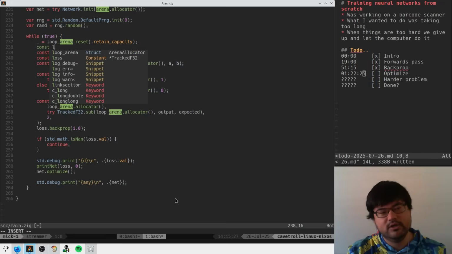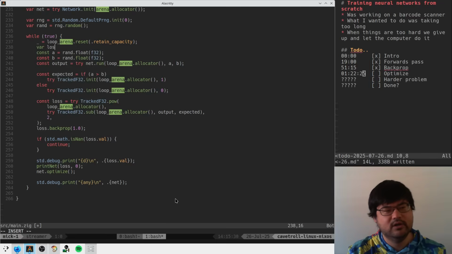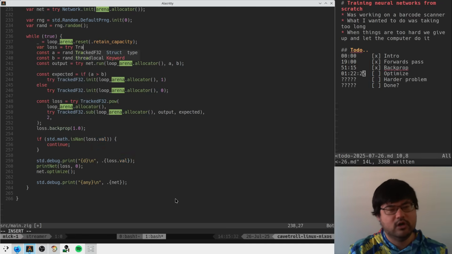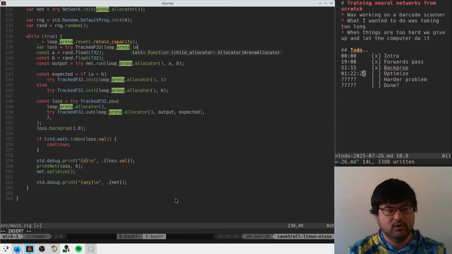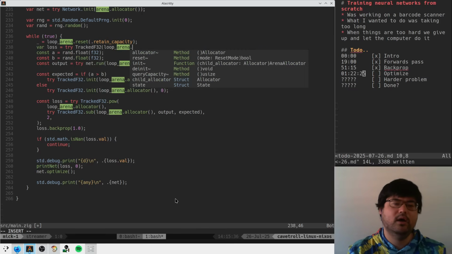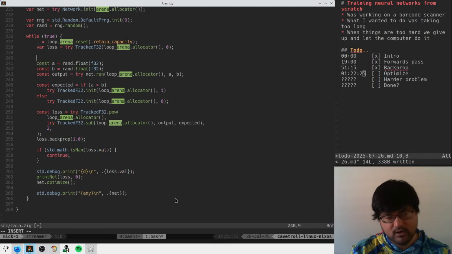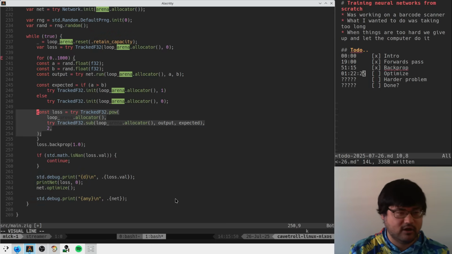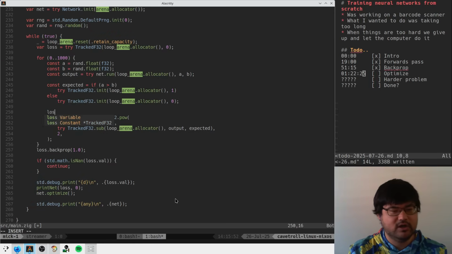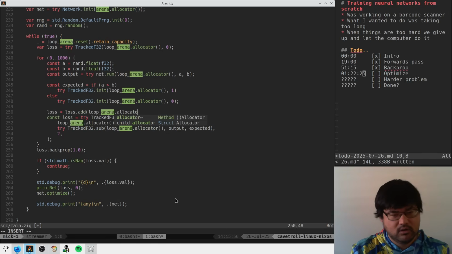So can we go var loss is equal to a tracked floating point 32 that's initialized to 0. Then for 0 to 1,000, we add to that loss, so loss is equal to loss plus the current loss.